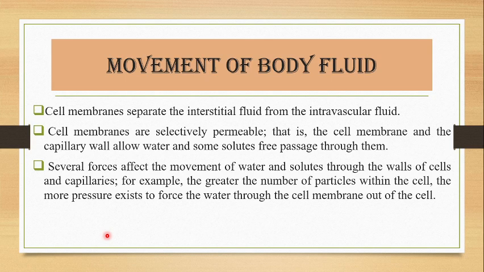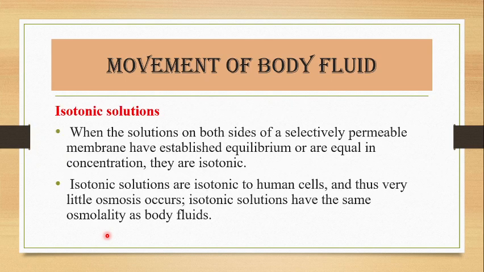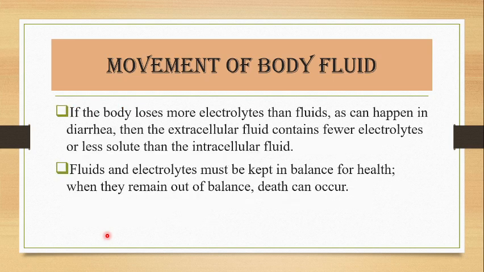This membrane allows solutes and substances to pass from one place to another. Several forces are involved in this. If the body loses electrolytes, as mainly happens in diarrhea, we have to give fluid and electrolyte supplements for correction.